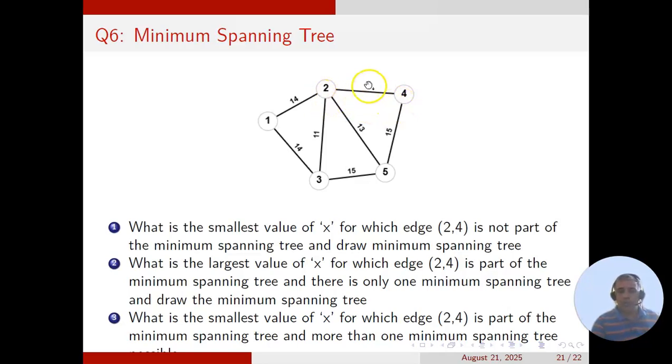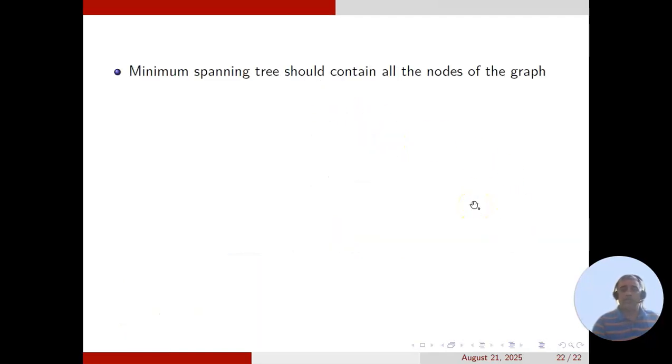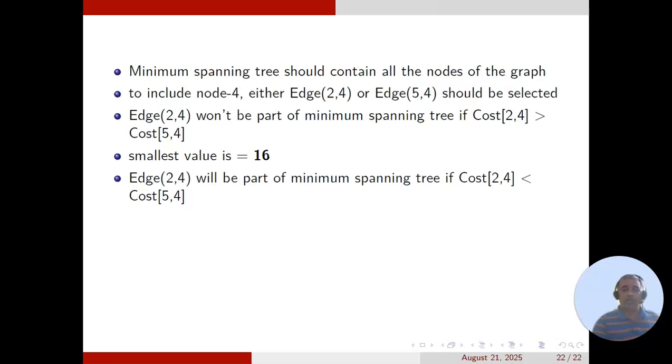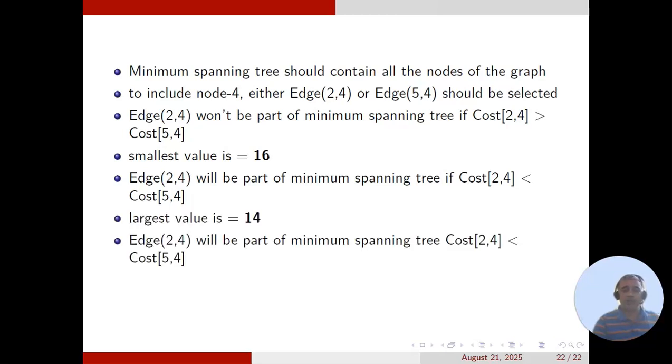As a minimum spanning tree should contain all the nodes, if 4 should be part of the spanning tree, then either 2, 4 or 5, 4 should be there. If 2, 4 should be part of the spanning tree, then it should be less than 15, otherwise it should be greater than 15. So the smallest value for which it is not a part is 16, and the smallest for which it is part is 14.